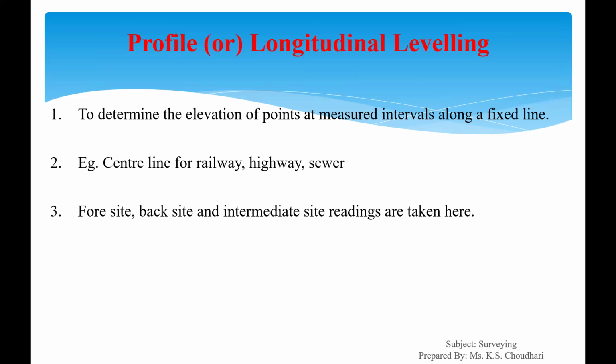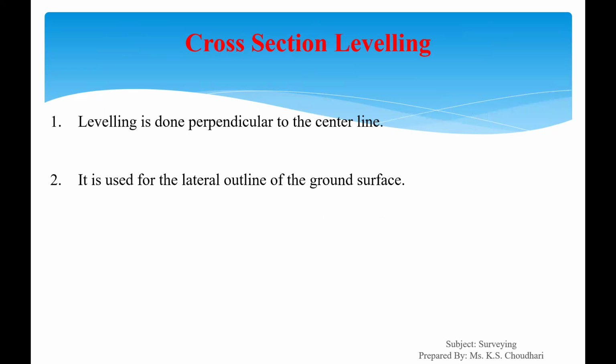For example, the center line for a railway, highway, sewer, etc. Foresight, backsight, and intermediate sight readings are taken here. Now, the cross-section leveling. In this, the leveling is done perpendicular to the center line. It is used for the lateral outline of the ground surface.